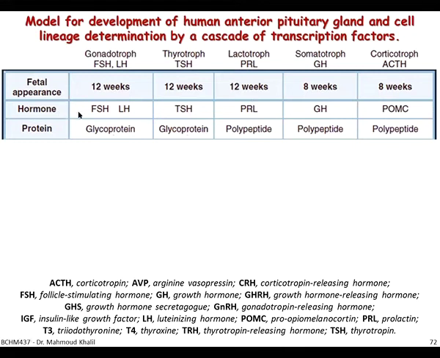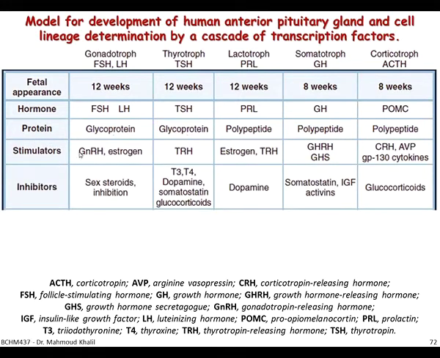Here you can see the type of hormone they secrete, and here the nature of the protein. The last three are purely protein, but the first 3 hormones are glycoproteins, so there is a sugar moiety conjugated to the protein.